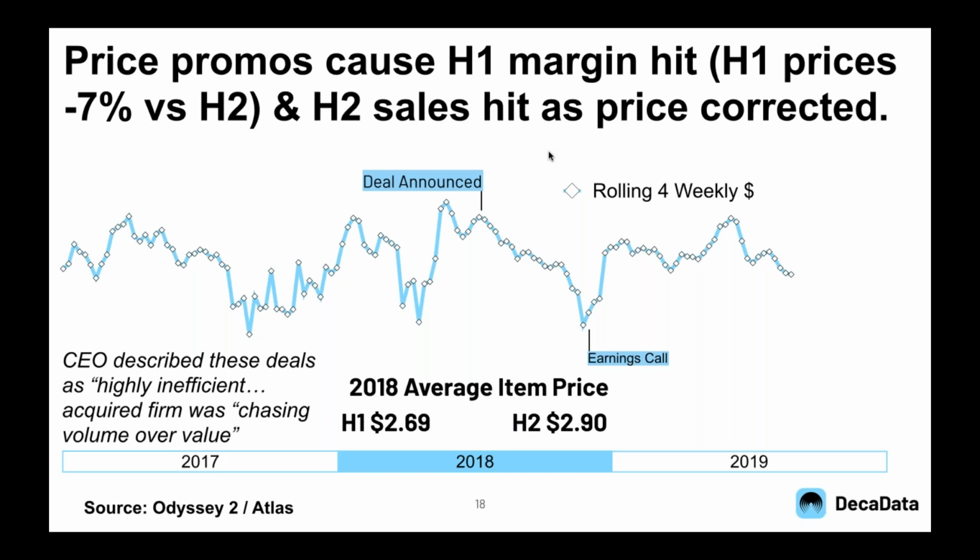And what they'd done, the firm in question, they had stuffed the channel. They had got the retailers to take on more stock than they normally take, and then they'd use price to drive through unit sales, hoping to get some efficiencies on the back end. And in some ways, their strategy was successful because sales grew and the firm was acquired.